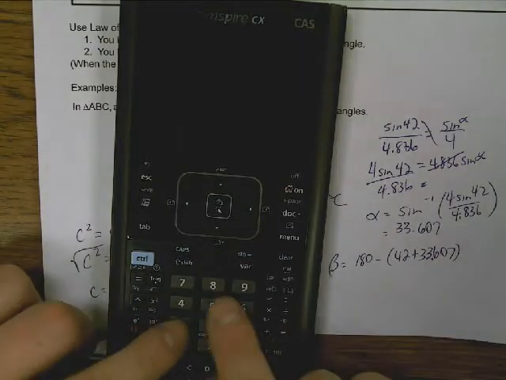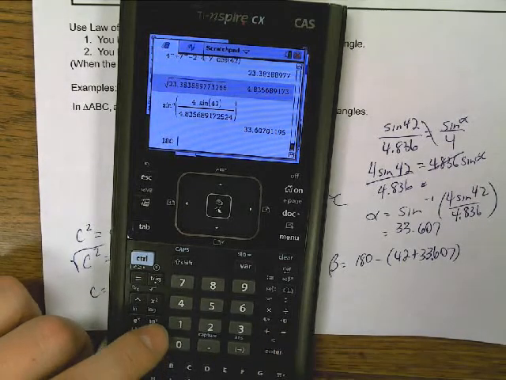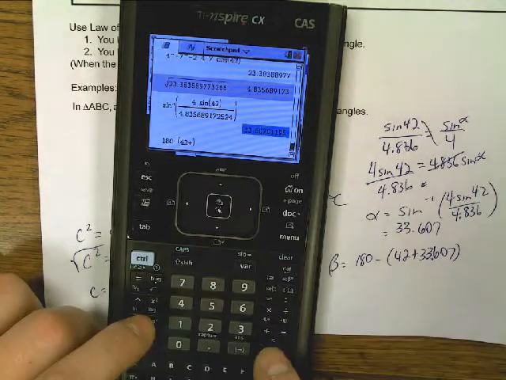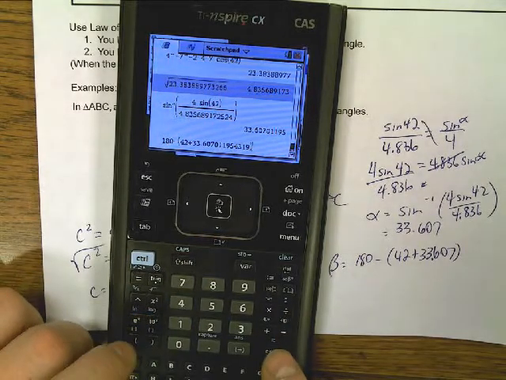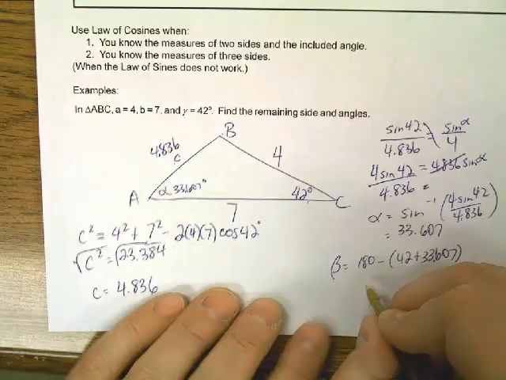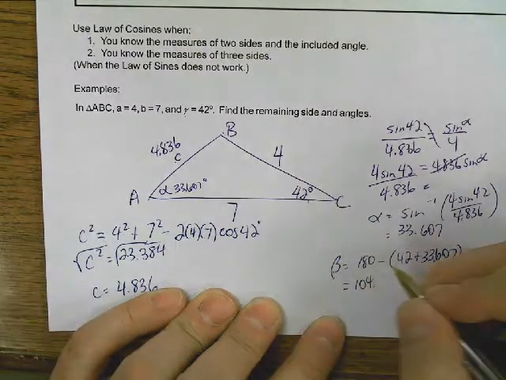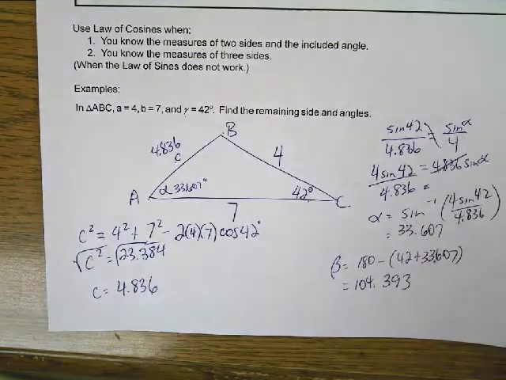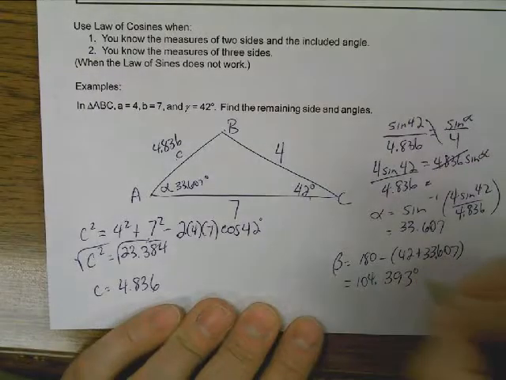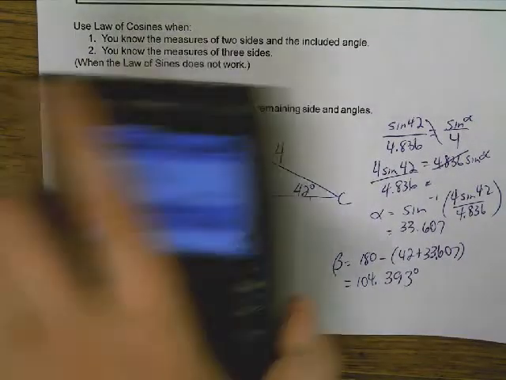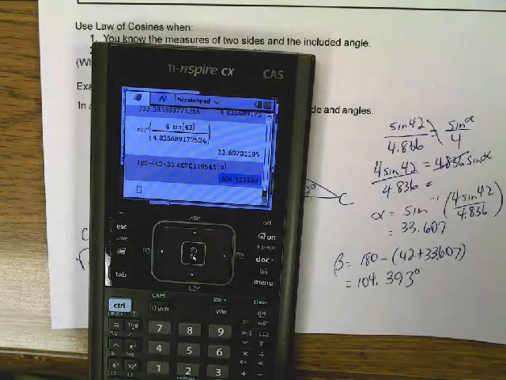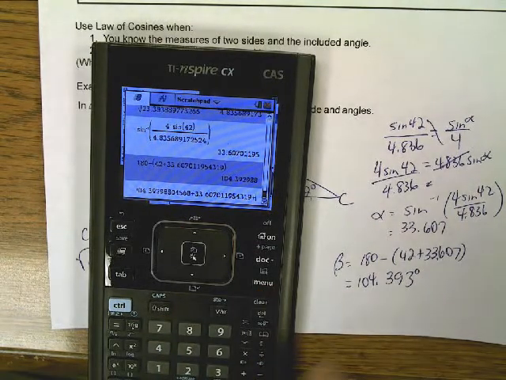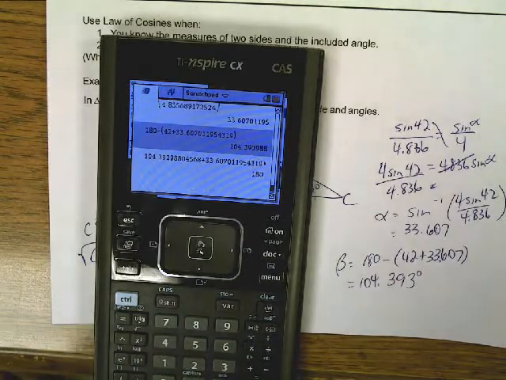So we get our calculator, 180 minus parentheses 42 plus, this time I can go up and grab that, and I'm going to get 104.393. All right, and that's in degrees. So if I add these three up, I should get 180. So let's just double check it. This plus this plus 42, and there's the 180.